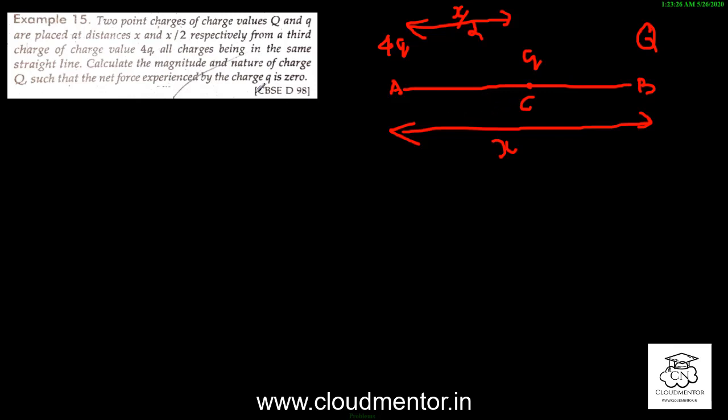And now for the equilibrium of the charge q, the charge Q must have the same sign as that of the small q and plus 4q, so that the forces Fa and Fb are equal and opposite.